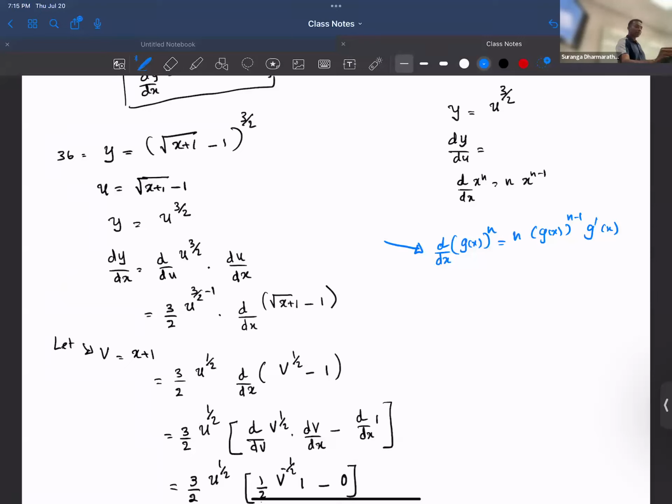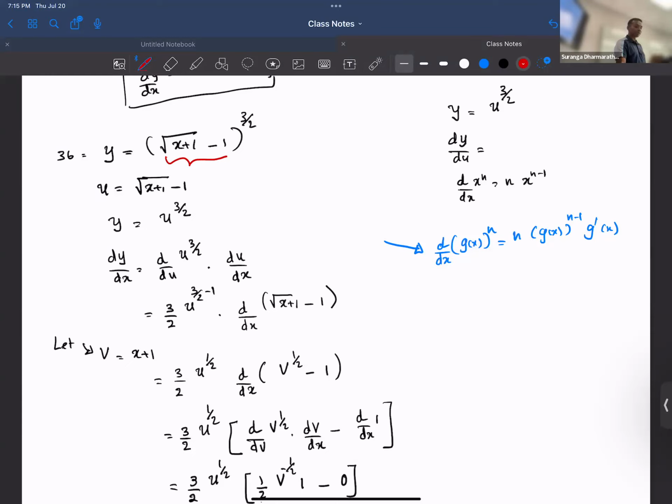So if you do the same problem with that one, what is your g of x? Can anybody tell me what your g of x is for this problem? The inside thing, right? Because it should be g of x to the power n.